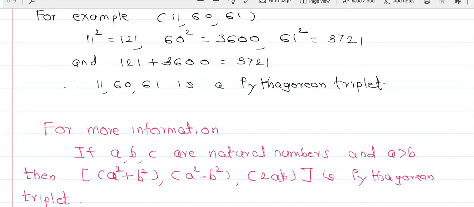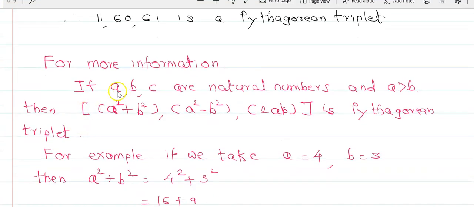Now see this again here. This is for more information. You can construct Pythagorean triplets by using this formula. For this, one condition is that A is greater than B. A square plus B square, A square minus B square, 2AB is a Pythagorean triplet.